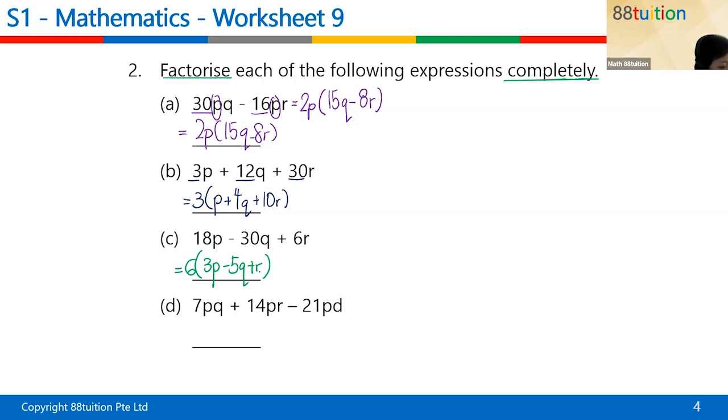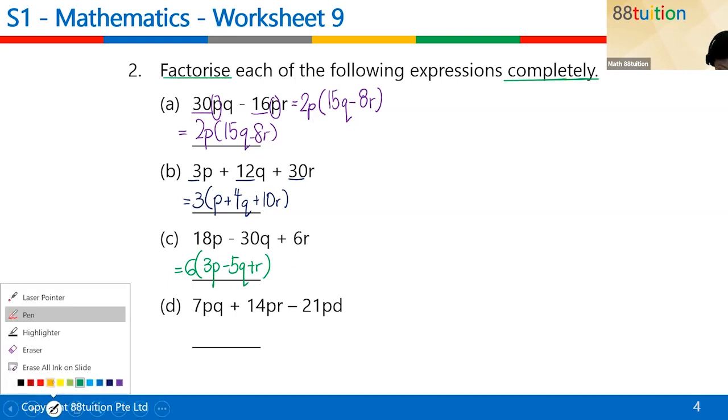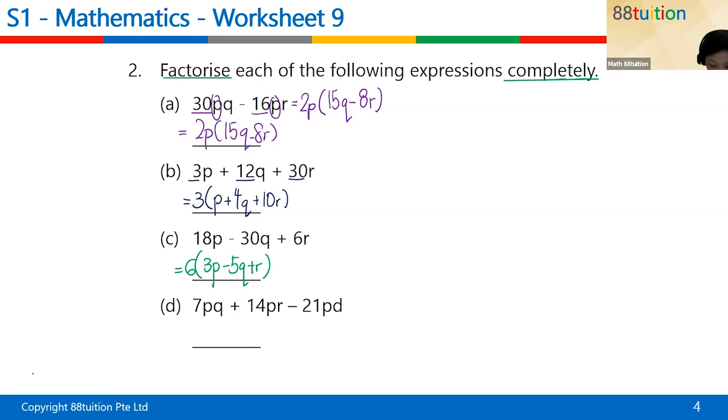Done? Okay, let's take a look at the other one. 7PQ, 14PR, and 21PD. What do you think is a common number you can divide? 7. Good. If you look at PQ, PR, PD, is there a common term there?